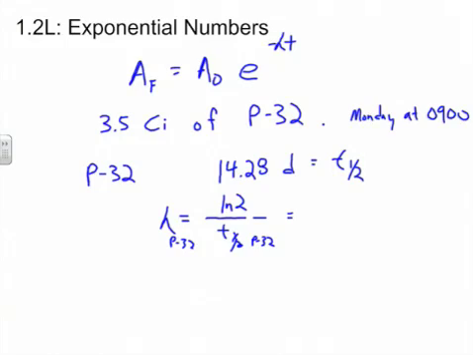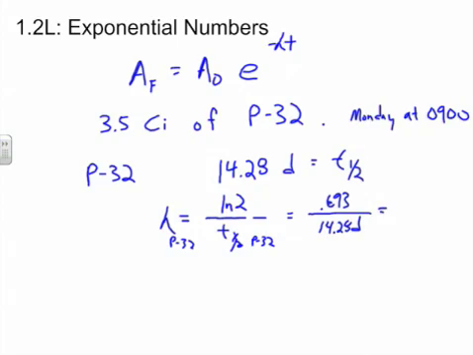So natural log of 2 is approximately 0.693, or you could actually punch it into your calculator. And we said the half-life of phosphorus 32 is 14.28 days. Notice no units in the top, and we have units in the bottom, so we're going to have some sort of number, and then the unit will be in the denominator, so it'll be per days, or inverse days.